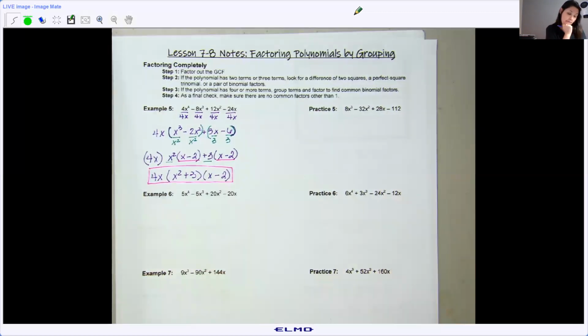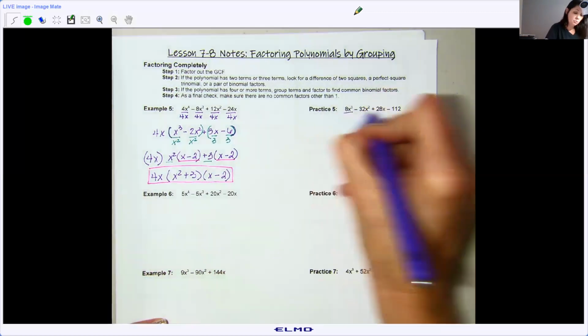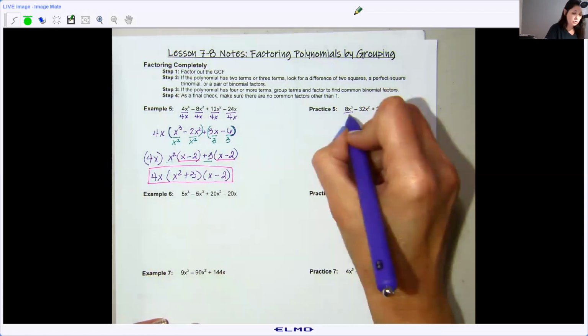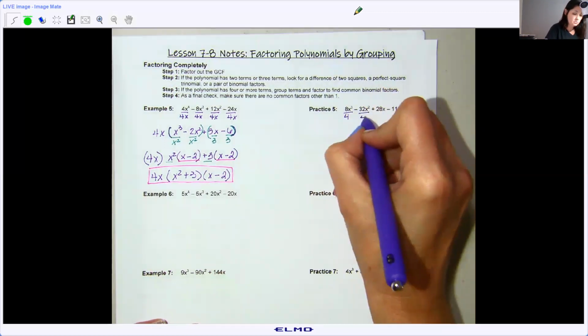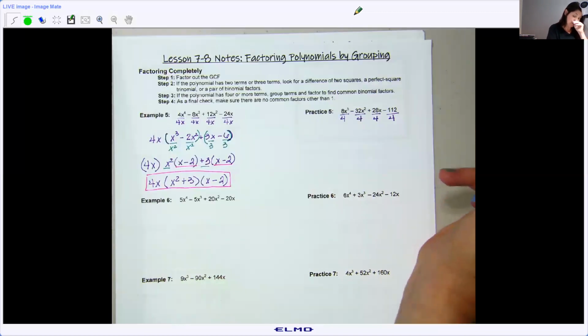In number 5, we can pull out, looks like a 4. Yes, a 4. We can't even pull out any variables because this last term doesn't have any variables. So I'm going to pull out a 4 and just divide everything by 4, all the coefficients.